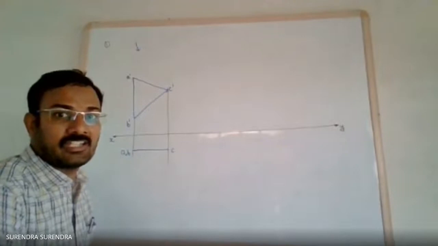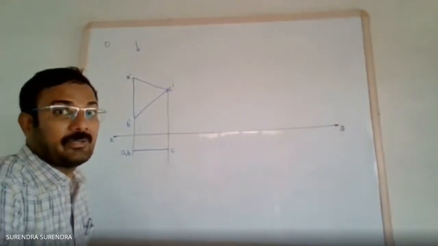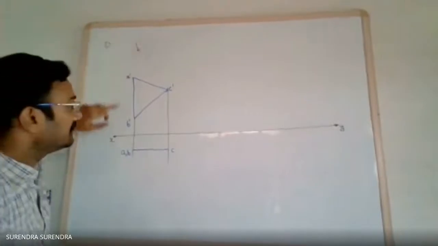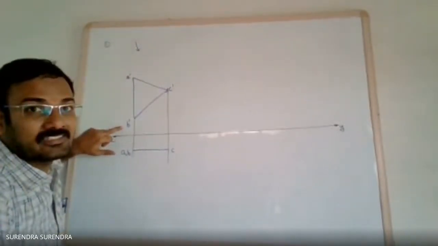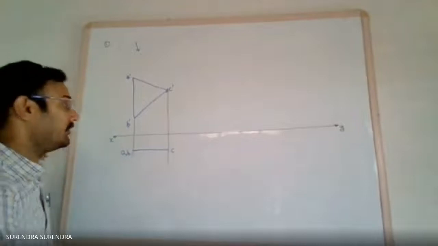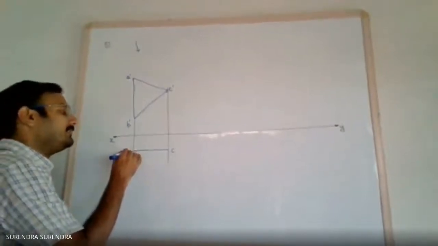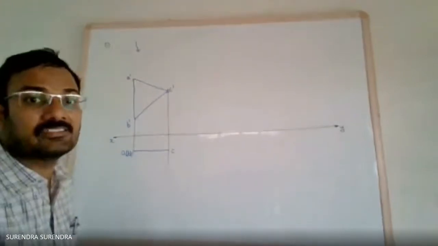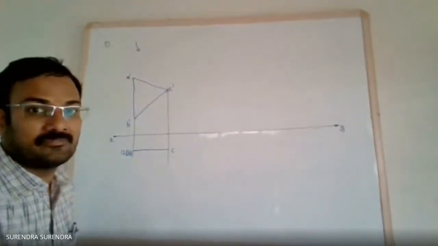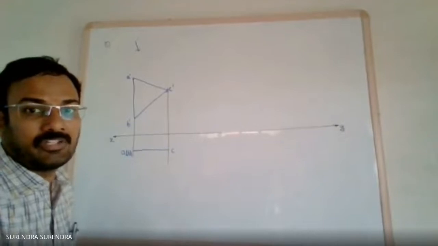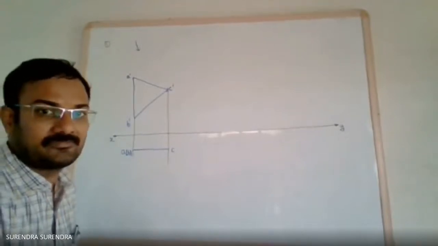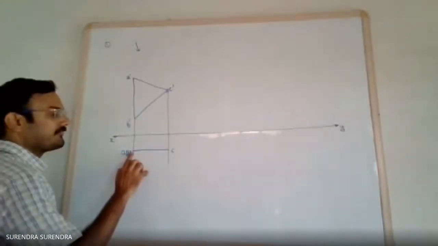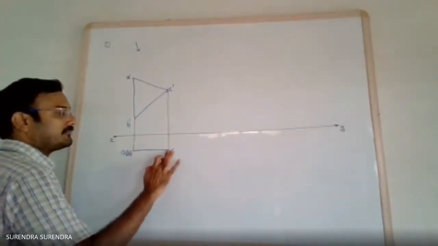All the remaining lines are hidden, which implies that when seen from the top, only point A is visible and point B is hidden. So we represent point B within brackets, showing that it is a hidden point overlapped with point A. This is the way of representing the top view.